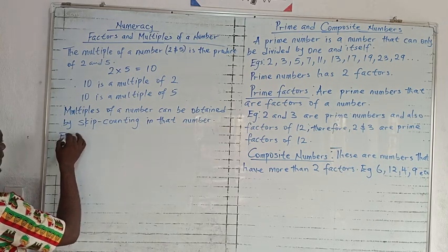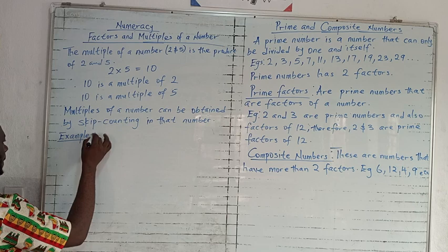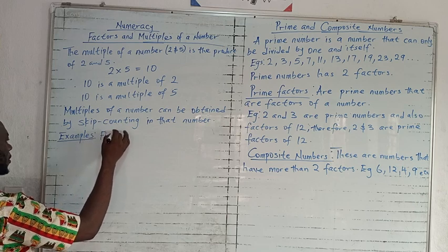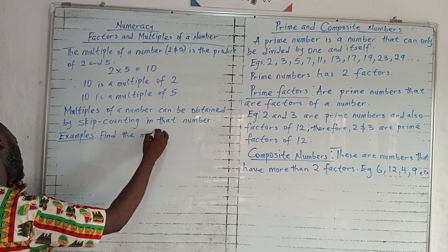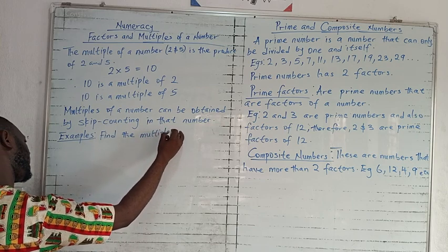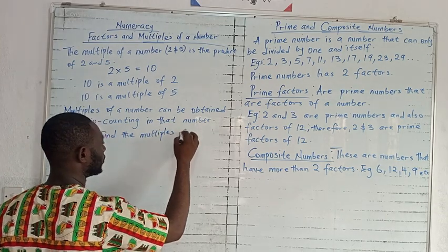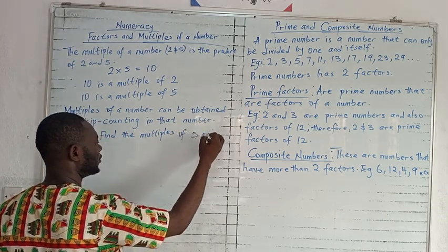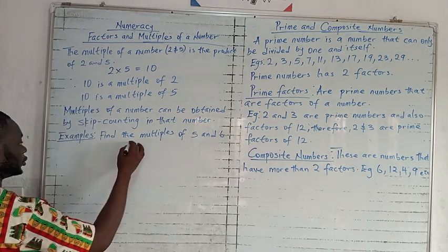Examples. Find the multiples of 5 and 6. Solution.